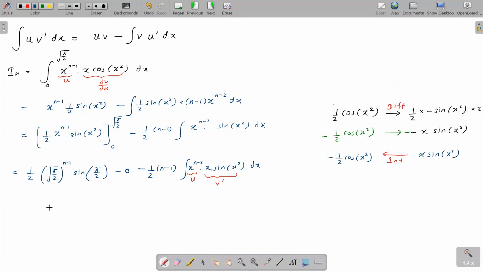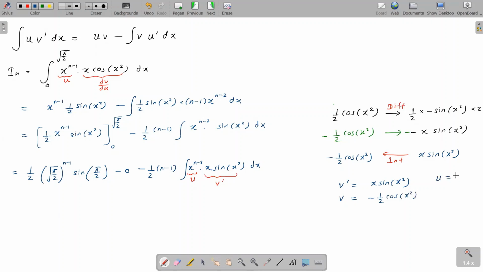Okay, then I think we are ready to integrate now, right? So if v dash is x sine x to the power 2, integration gives me minus half cos x to the power 2.